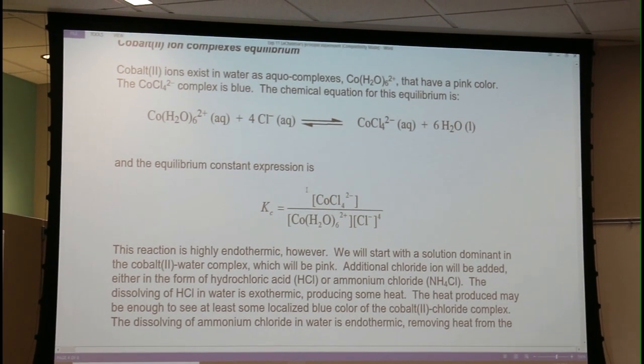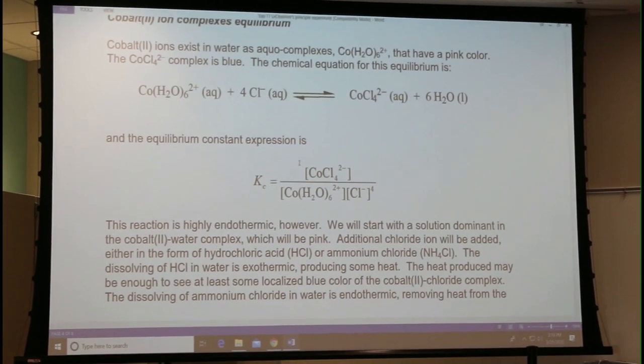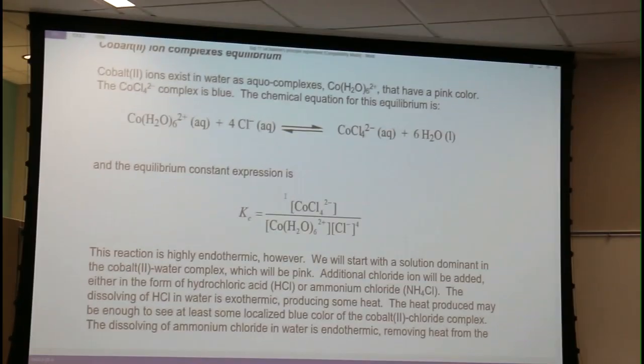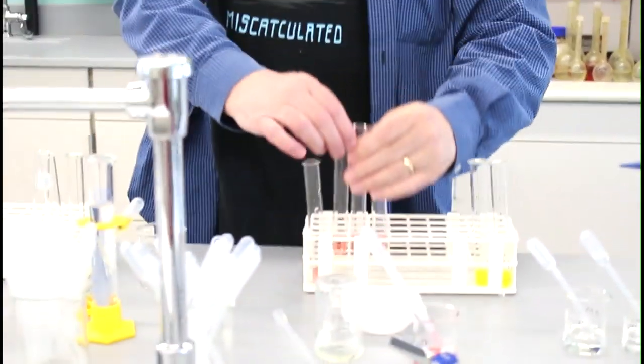So there's the chemical equilibrium equation that's pertinent here. The procedure says to measure out 3 milliliters of the 0.1 molar cobalt-2 chloride solution, which is this nice pretty pink color, into each of 3 test tubes.